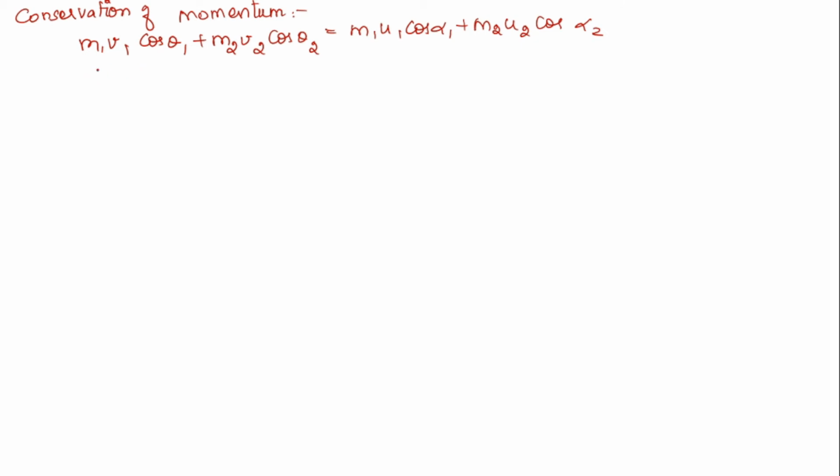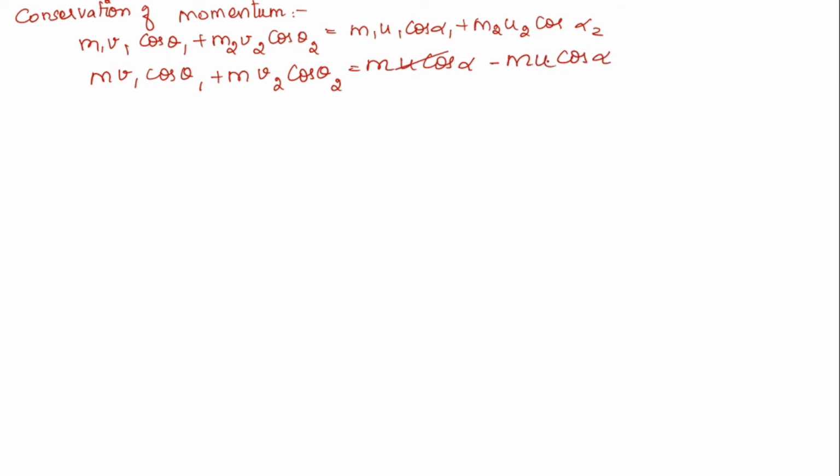So we can write m v1 cos theta 1 plus m v2 cos theta 2 equals, here also m1 will be m and u1 is u, so u cos alpha, minus m2 is m, u2 is minus u, so I have put minus u cos alpha, alpha 2 is alpha.